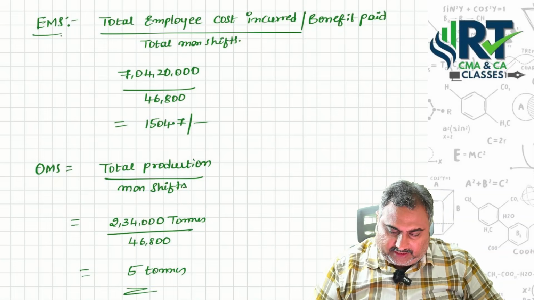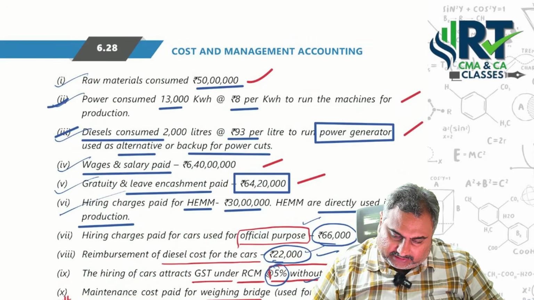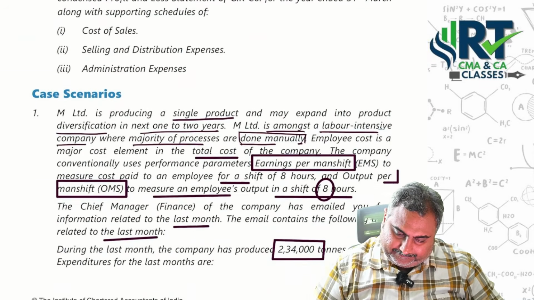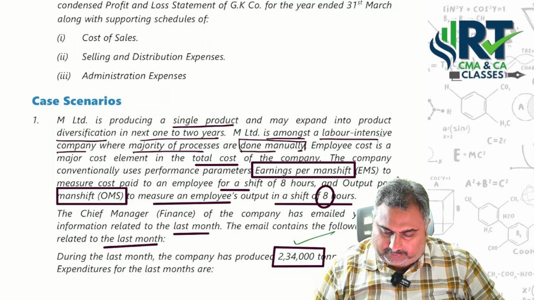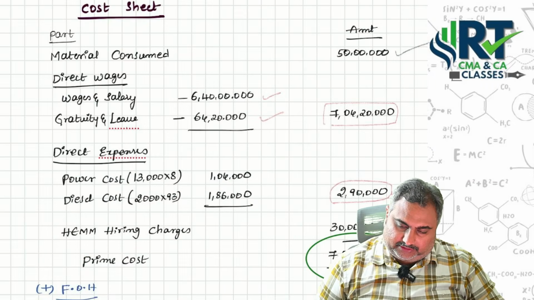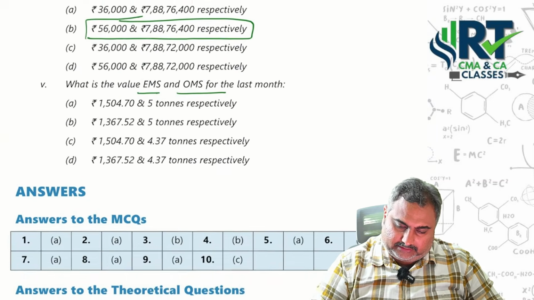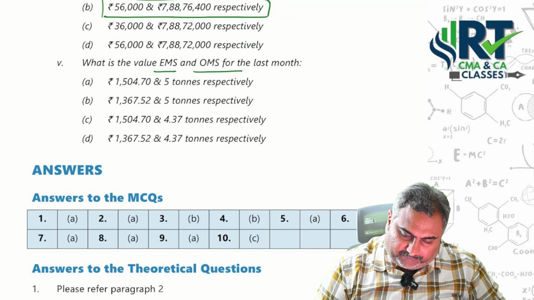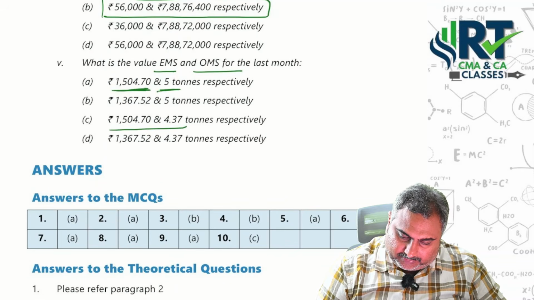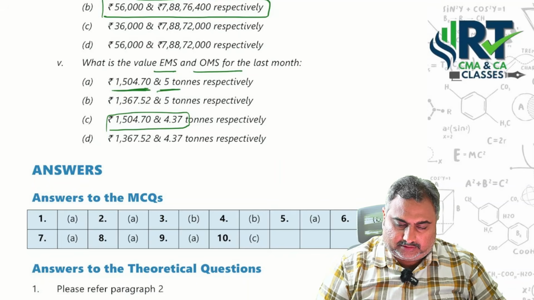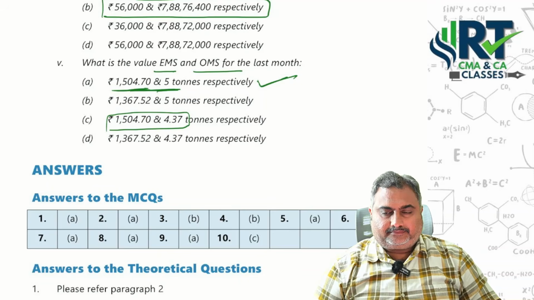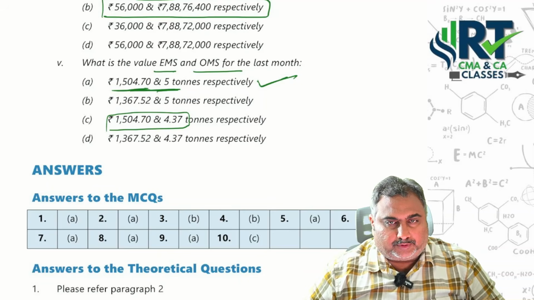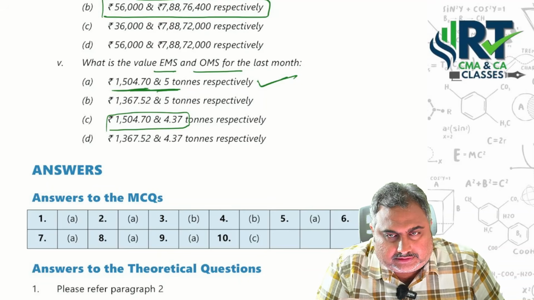Sir, where they given 2,34,000? Let's see here. Yeah, during the month the company produced. Now see what is the final answer for us. EMS was 1504 and 5 tons. See sir, this is the part also there. So be careful while choosing answers. This is the way we are supposed to solve our case-based questions.